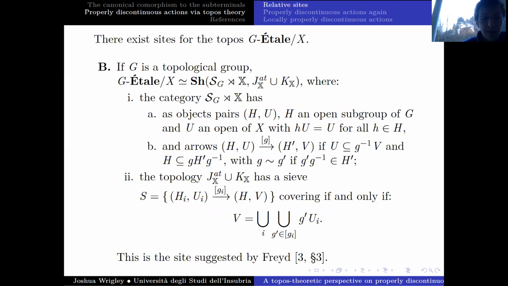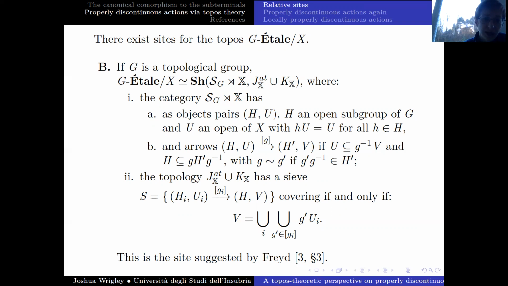We can do exactly the same when G is a topological group, and this particular site actually appears in Freyd's paper. It's a bit more complicated, but it's all coming from relative site theory and the standard site for the topos of continuous actions by a topological group on discrete sets.